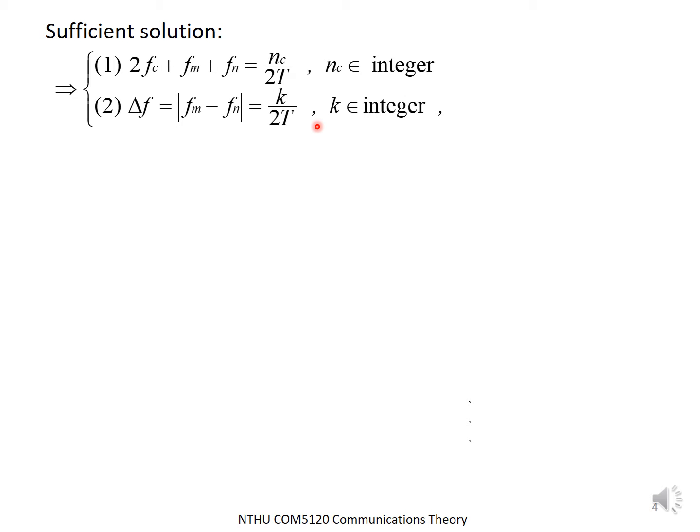As long as these two criteria are satisfied, then the inner product of the first term and second term would become 0, and the orthogonal condition can be satisfied.